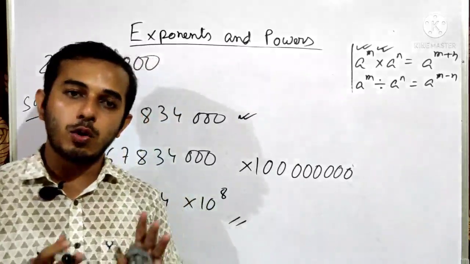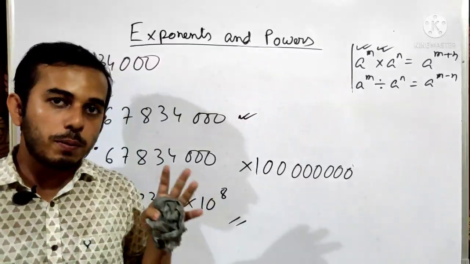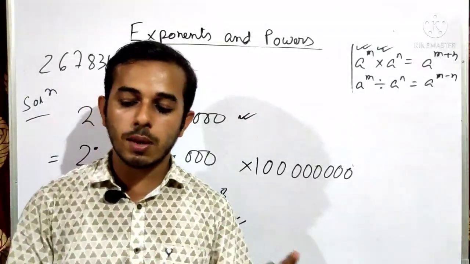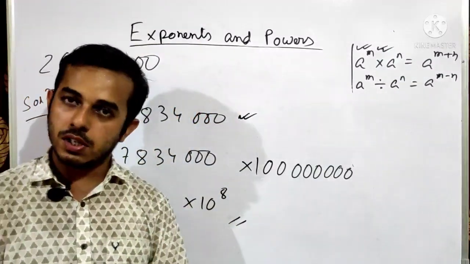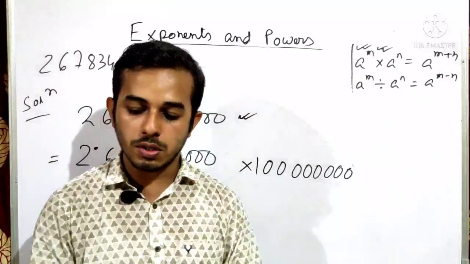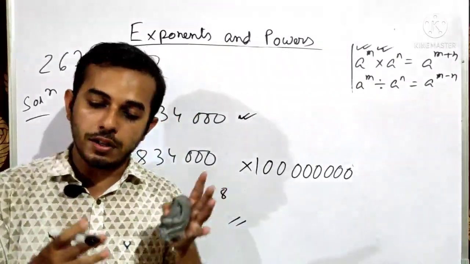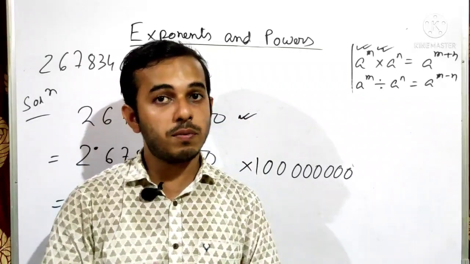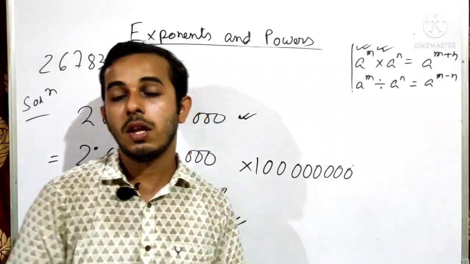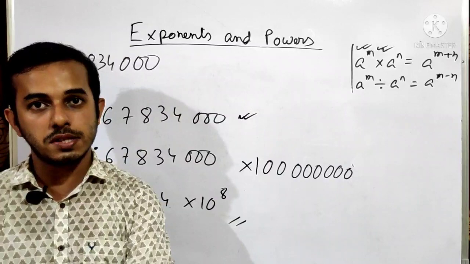Okay, I hope you can solve any questions from this chapter, because we have solved all the types of questions, isn't it? First, how to express a number in the exponential form, then what was the multiplicative inverse, then if we multiply a number with another number, we find out which is the other number, then we find out the value of m, isn't it?